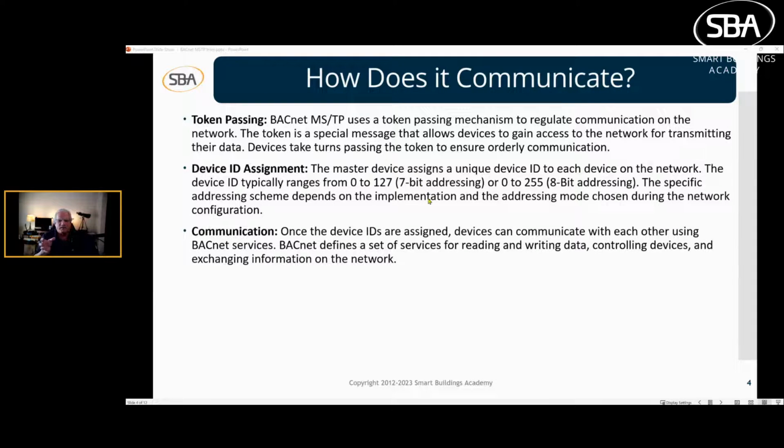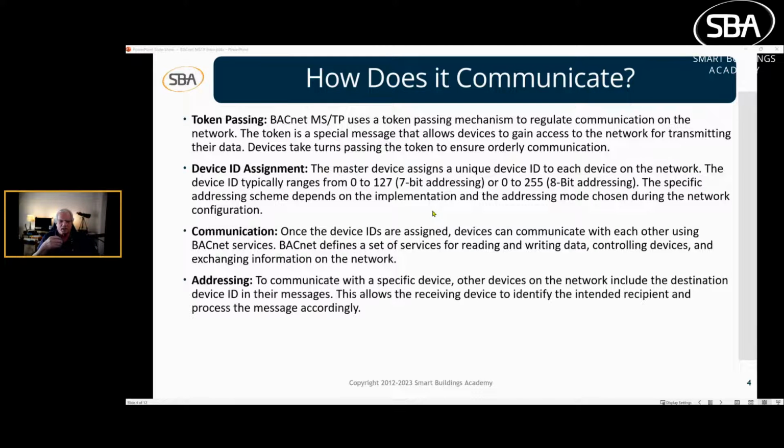Once the device IDs are assigned, devices can communicate with each other using BACnet services. BACnet defines a set of services for reading and writing data, controlling devices, and exchanging information on the network. So to communicate with a specific device, other devices on the network include the device ID in their message.